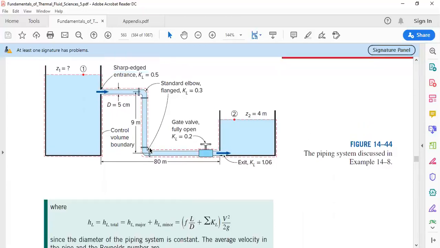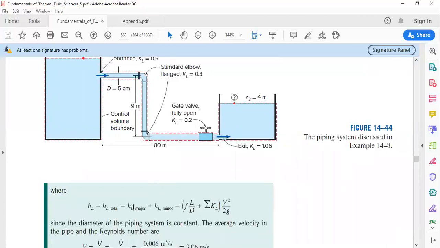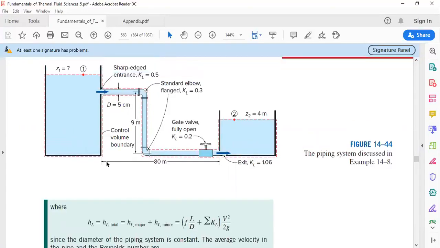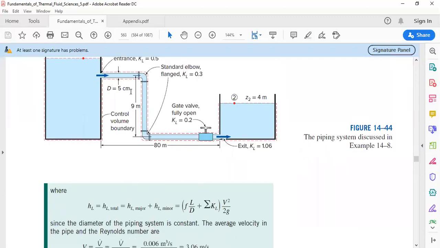The major loss is the friction factor times L divided by D. The total length is the horizontal pipe length of 80 meters plus the vertical 9 meters, so 89 meters. The diameter is 5 centimeters.